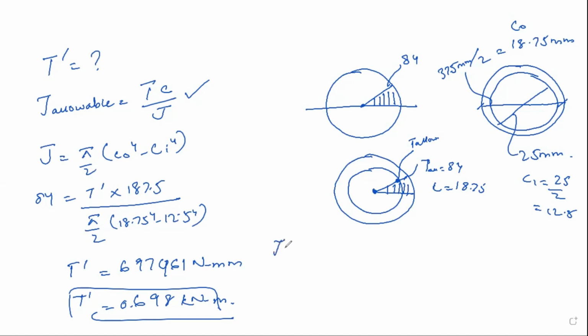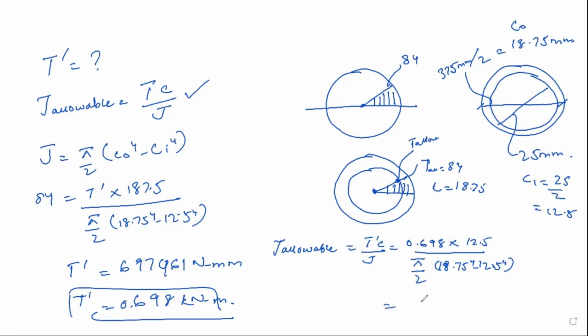T allowable is equals to T dash C upon J. T dash we calculated as 6.698, into 12.5 divided by pi by 2, 18.75 power 4 minus 12.5 power 4. By solving this, you get 56 megapascal T allowable.